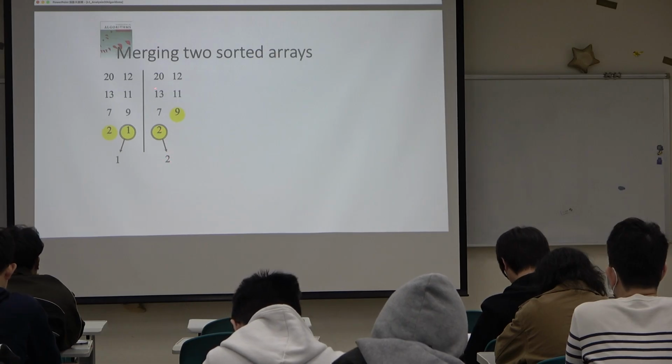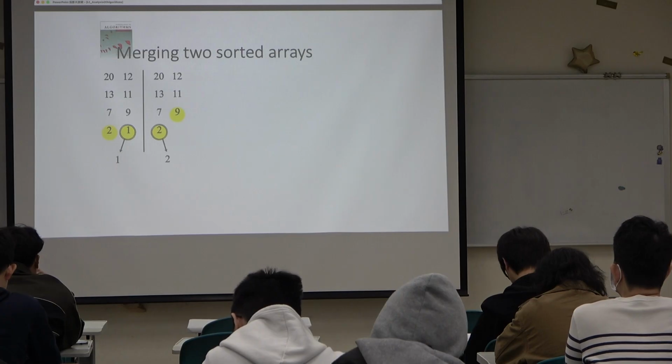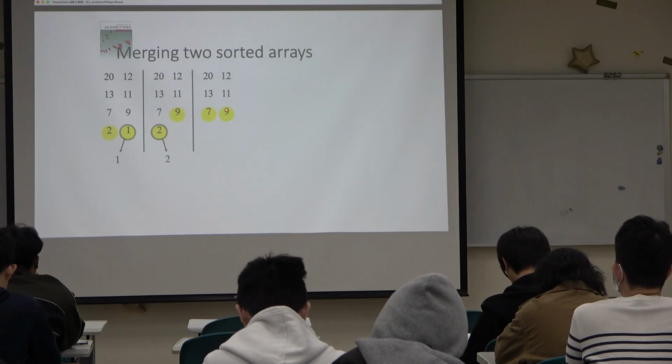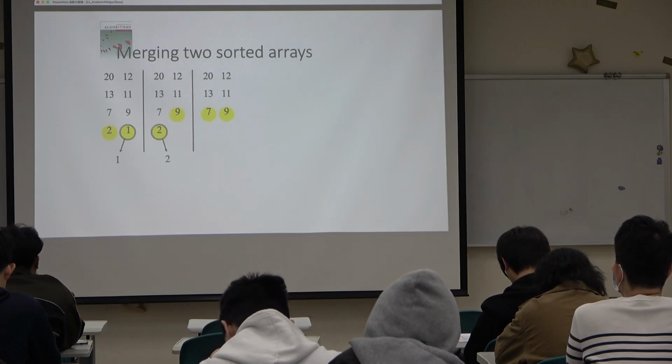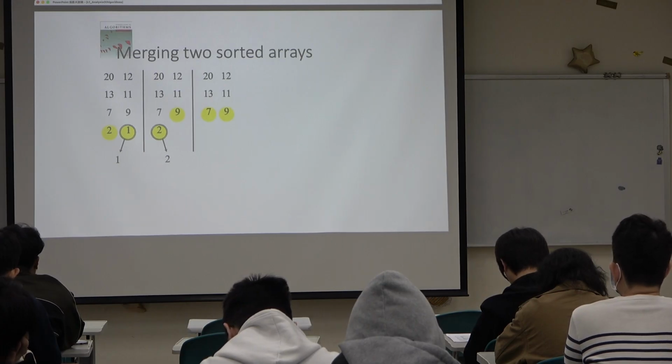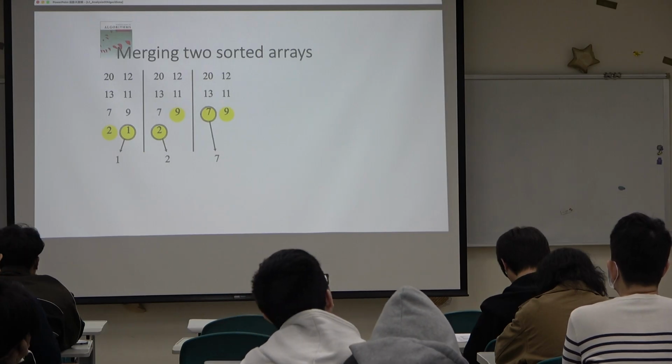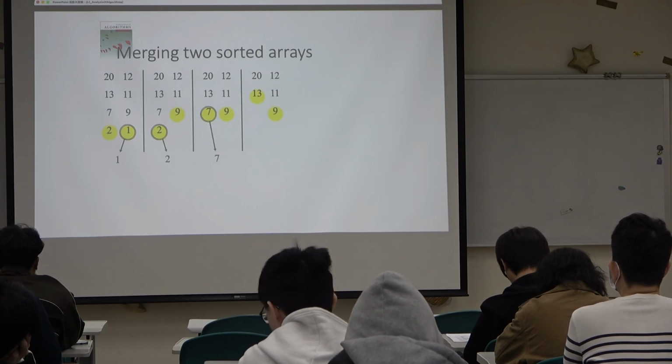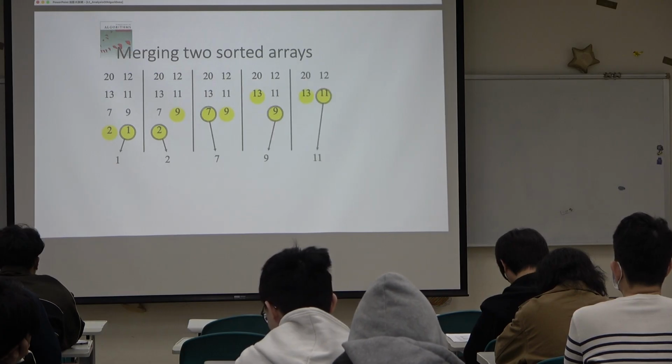Every time you do one comparison of the first numbers of these 2 lists, you are able to find the rightful place for one number. With 7 and 9, you move the 7 here, and the first list becomes like this. Keep doing that, and eventually you end up with 1, 2, 7, 9, 11, and so on.